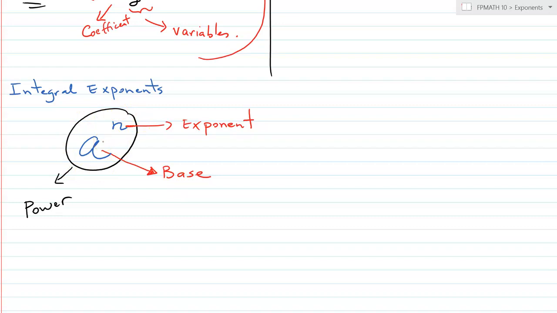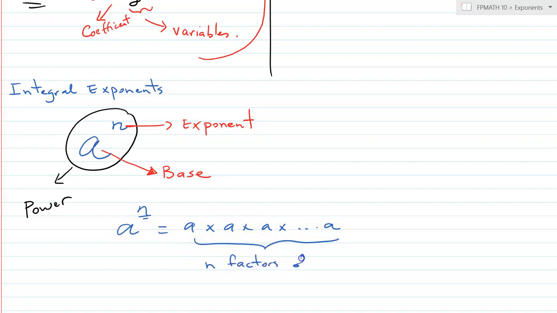Now what that means is that if I expand a to the n, it's going to look like this: a times a times a times dot dot dot, and it goes n times. Because of this n here, there are n factors of a. All right, and that's how the expanded form of any power looks.